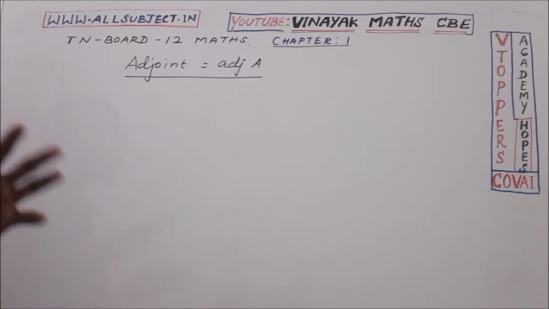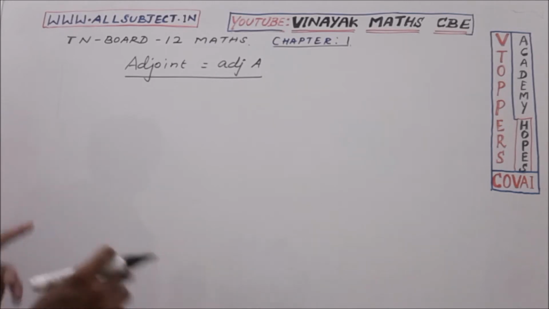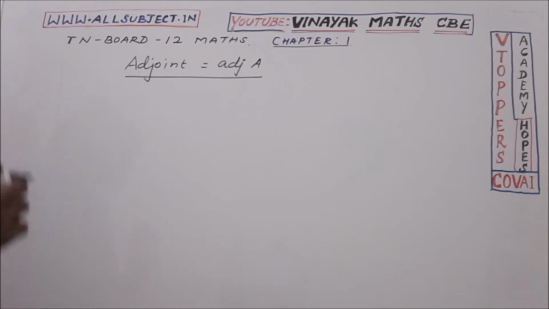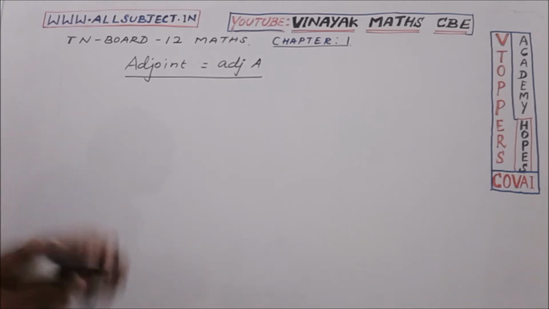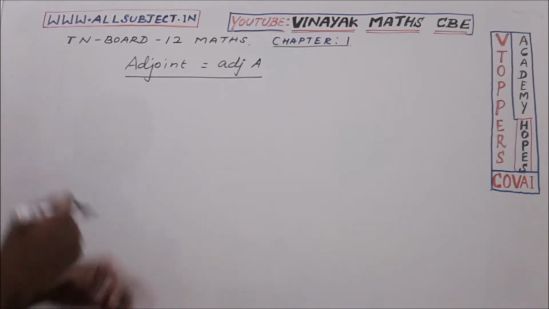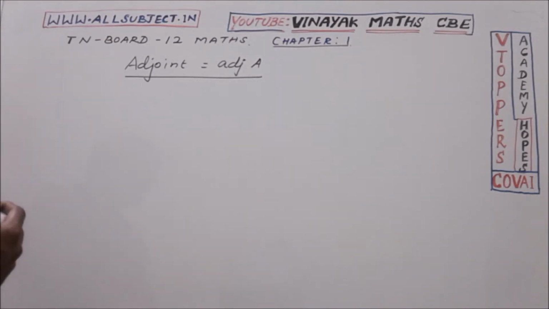A matrix is a rectangular arrangement of numbers, arranged in row column base, whose entries are real or complex numbers. It may be of any order. So we first define a matrix, then order, then we can enter into adjoint.